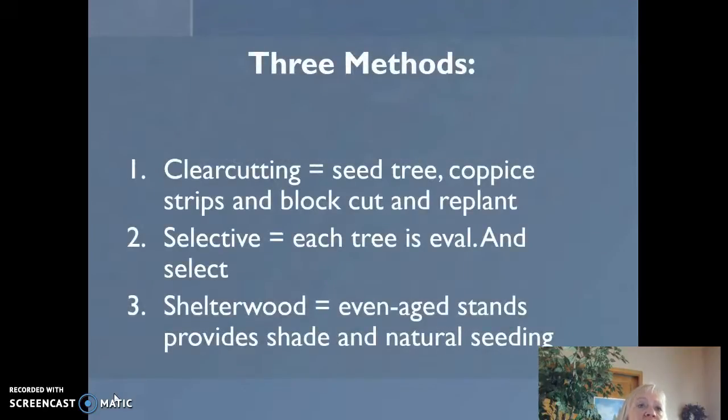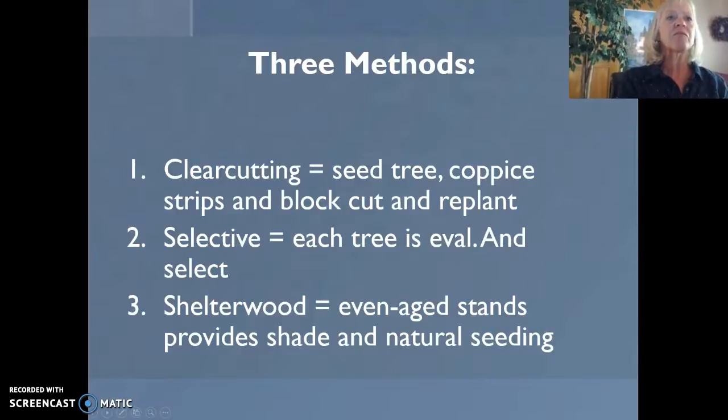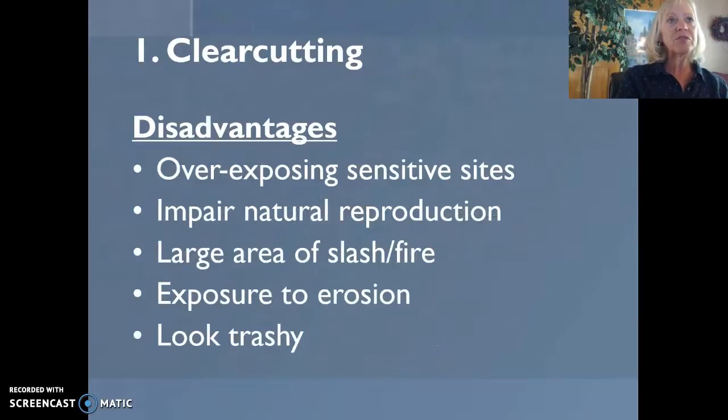So again, the three methods are clear cutting, and there's different variations: seed tree, coppice, block cut, and replant. Selection is when each tree is evaluated and then selected. And shelterwood is a combination between those two, which is done in even age stands, providing shade and natural seeding. Let's go through each one of these, and then you'll have a quiz.